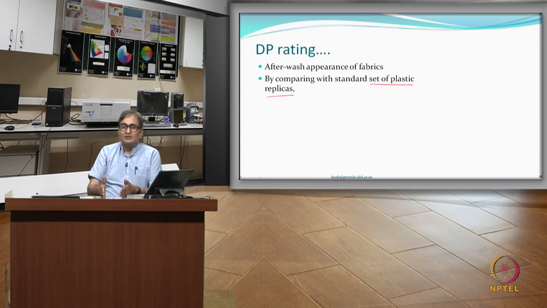Some wise people, obviously the people who decide standards, and we agree to those standards, look at which fabric wrinkles more, which fabric wrinkles less after washing, and then based on some gradation, they have agreed on a certain set of grades and certain set of appearances, and you make replicas in plastic that show how a fabric is going to appear after wash.